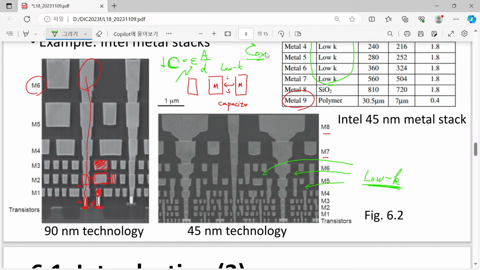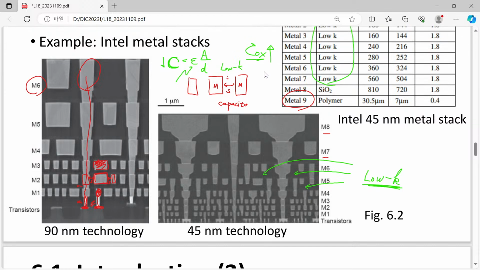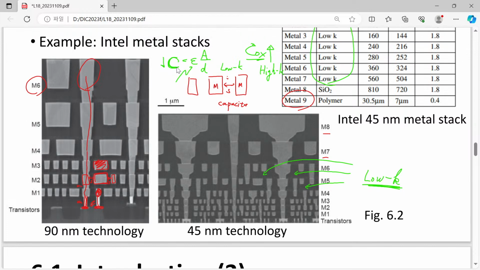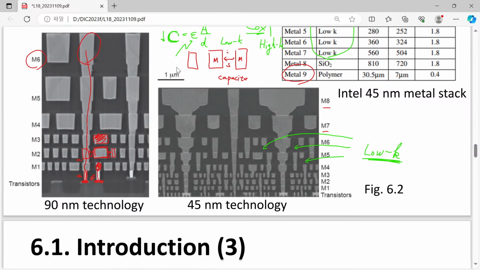In our oxide layer, we wanted to maximize the capacitance, so we introduced high K materials. In the case of a metal wire, we wanted to reduce the capacitance, so that's the reason why we have introduced low K material.